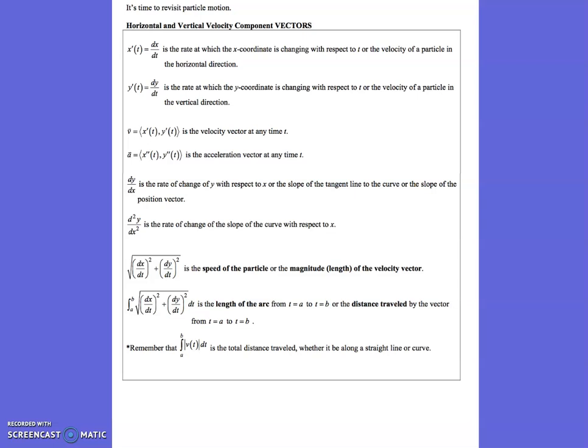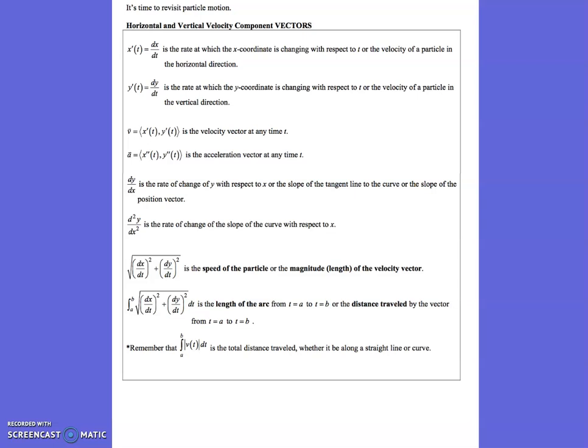We can write a velocity vector, which is just going to be x prime of t comma y prime of t, notice the arrows instead of the parentheses, and so it looks like the top of an arrow. So make sure that when you're writing those velocity vectors and the acceleration vector, it doesn't look like a parentheses, it doesn't look like a bracket, it actually looks like the top of an arrow.